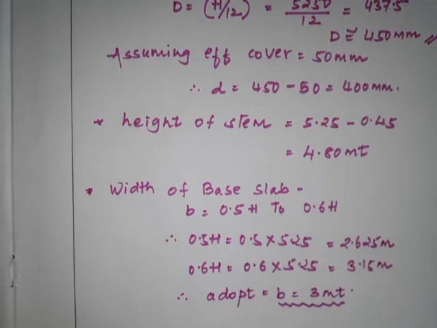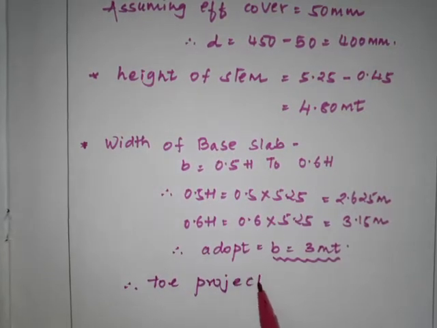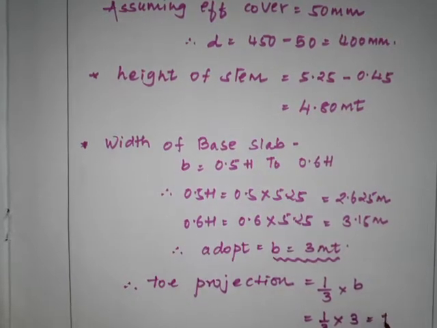Therefore toe projection, the projection of toe beyond the stem, which is taken as 1/3 of B, so I'll take it as 1/3 of 3 meter, so that is 1 meter.